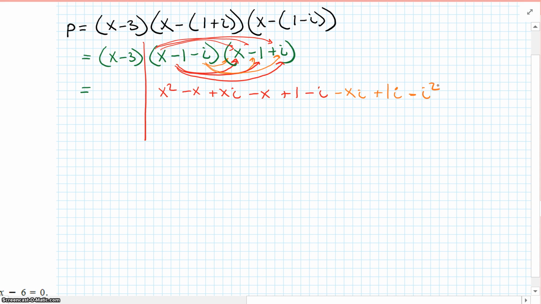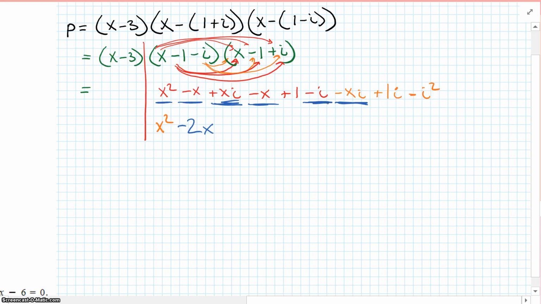So let's look at this and let's sum some like terms. x squared is by itself. Do I have any x's by themselves? So let's look. I have a negative x and a negative x. And that's it. So minus 2x. Okay, let's look for any x's and i's. So I got a positive xi and a negative xi, so they cancel. So let's look for any i's by themselves.